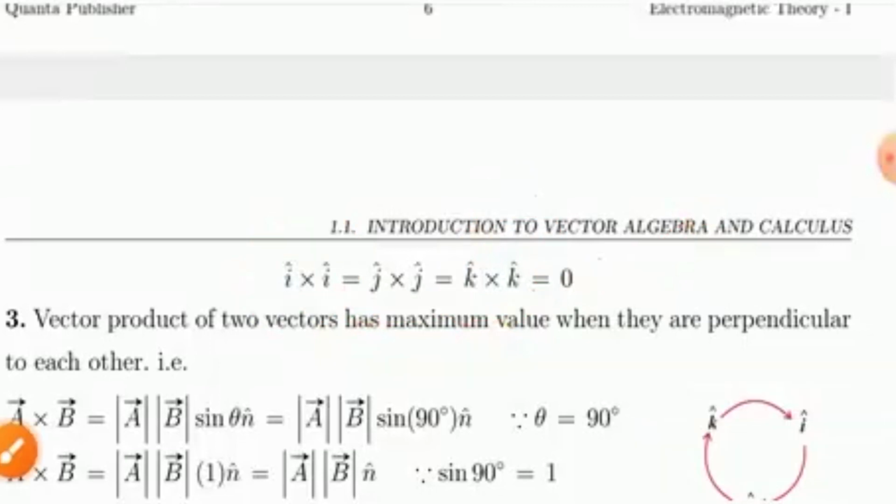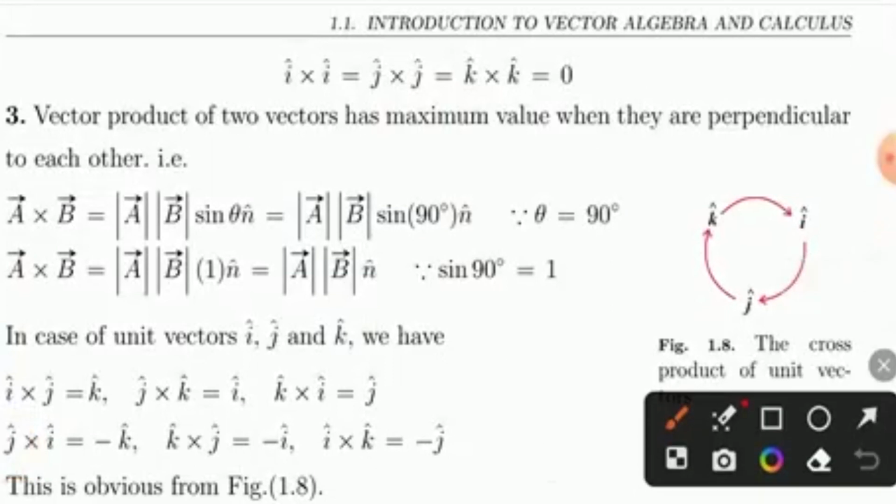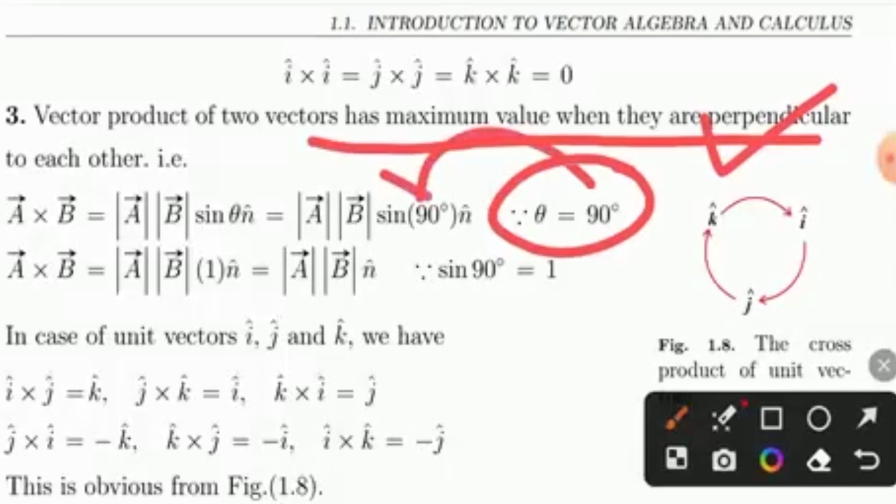And the third property here is, the vector product of the two vectors has maximum value when they are perpendicular to each other. In the perpendicular condition, the angle formed between the two vectors is equal to 90 degrees, and plug in this 90 degrees over here.